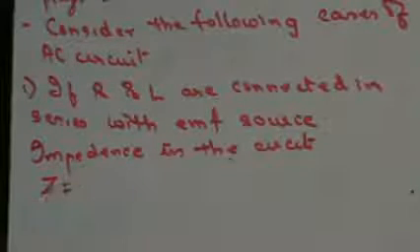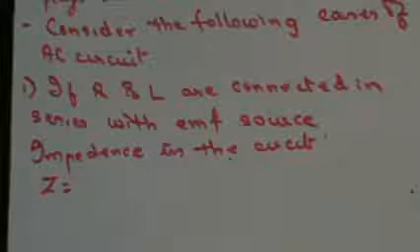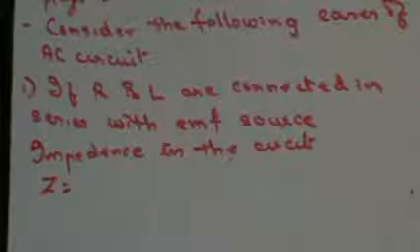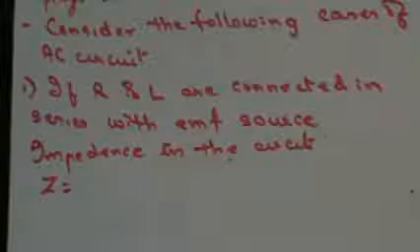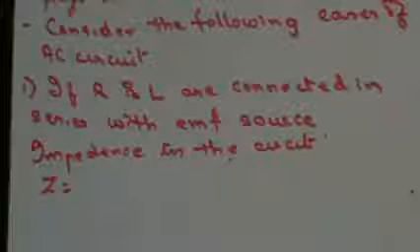Now we know that resistance is going to be in phase with the current, and there is a phase difference of 90 degrees between the current and the EMF. Thus resistance and the reactance have a phase difference of 90 degrees, so they can be solved using Pythagoras theorem.